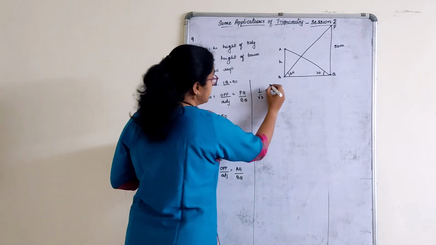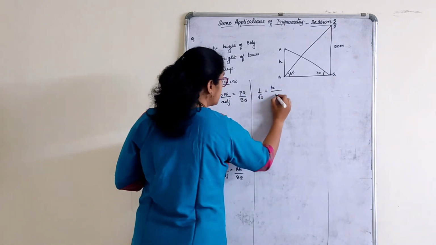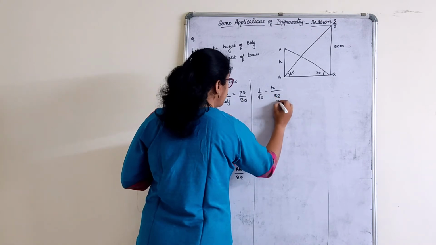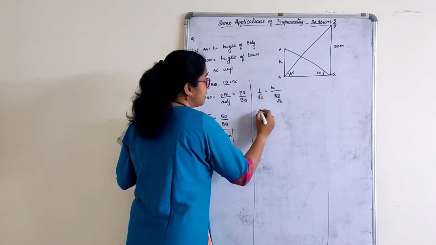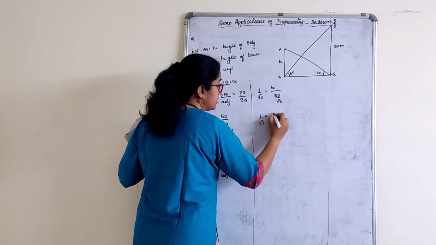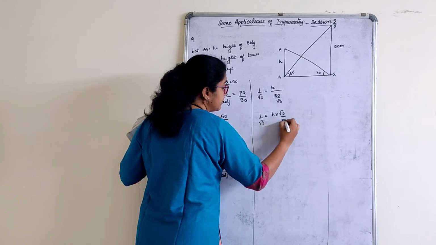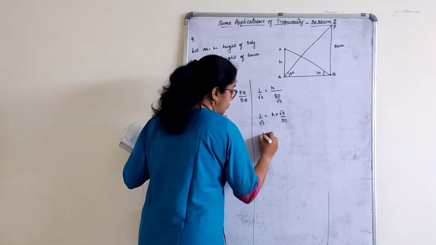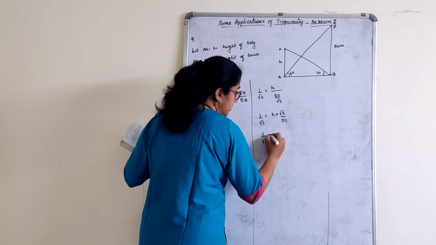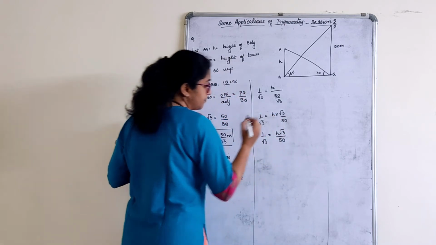Opposite is AB as it is, which is H, and BQ is how much? 50 upon root 3. First take the reciprocal, it will be easy for you. 1 by root 3 is equal to H into root 3 by 50.